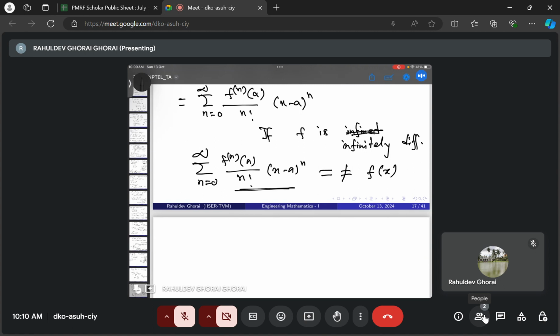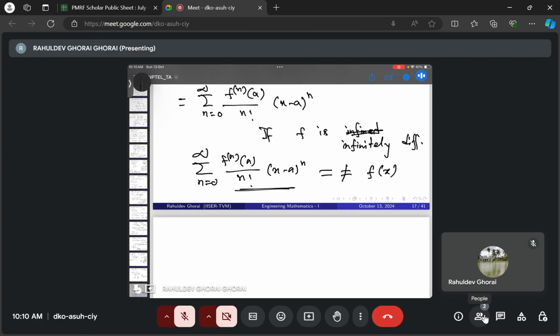So I will show one example that if you have an infinitely differentiable function, you may or may not write f of x as its Taylor series. You can write the Taylor series expansion of that function, but it may not always be equal to the function.